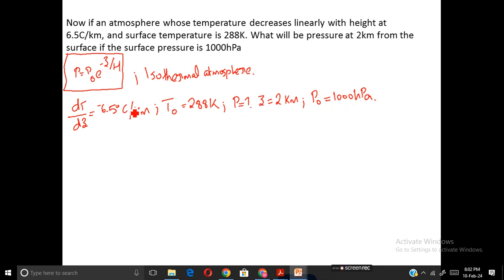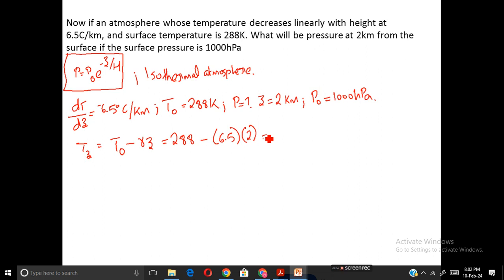So in this case, the temperature is decreasing at a rate of 6.5 degrees Celsius per kilometer. So if the surface temperature is T0, at a height of 2 kilometer the temperature of the atmosphere will be surface temperature minus gamma into Z. Gamma is basically the lapse rate or dT by dZ, which will be basically 288 minus 6.5 into 2. How much it will be?